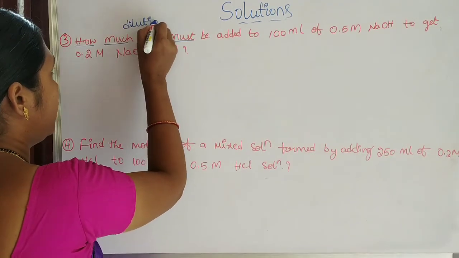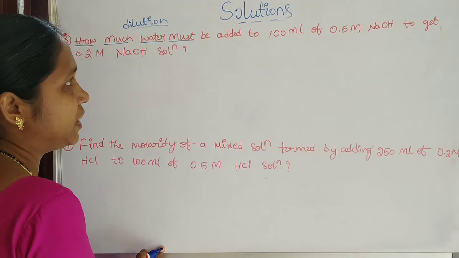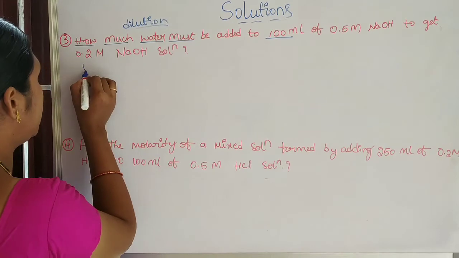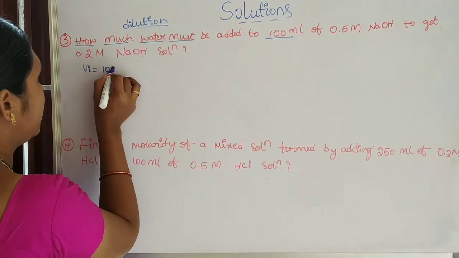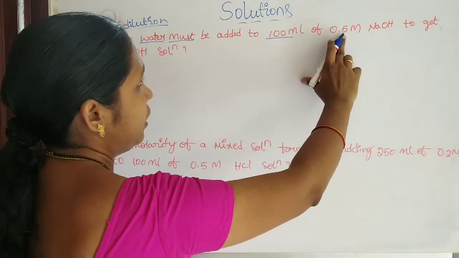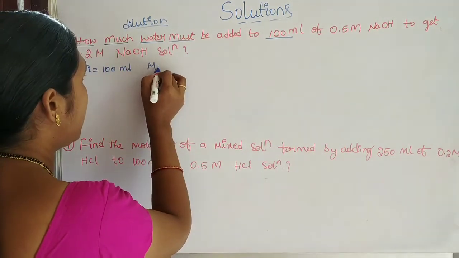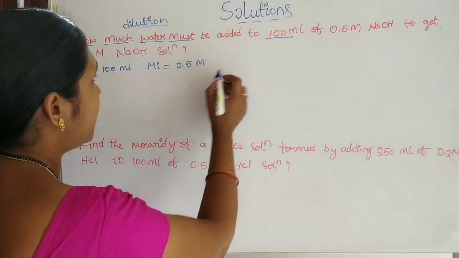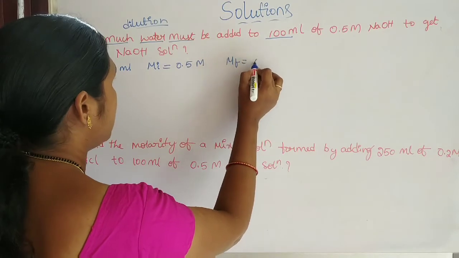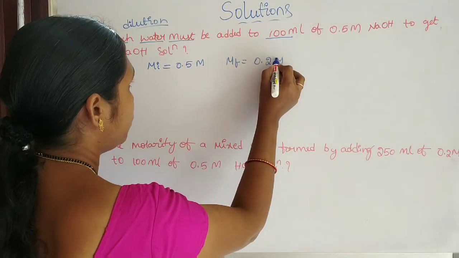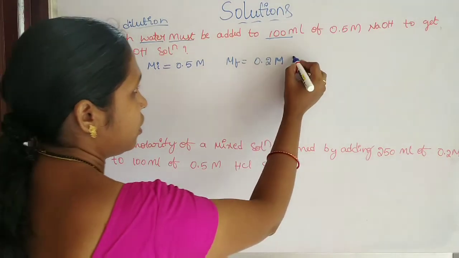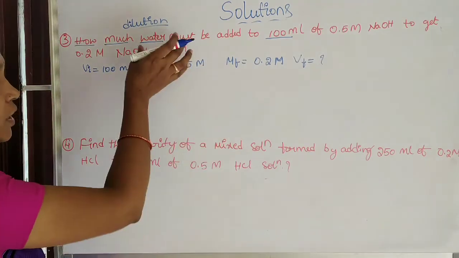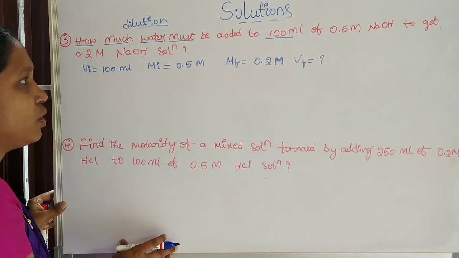You know the dilution formula for molarity, and here the initial volume of solution, V initial, is 100 ml, the initial molarity is 0.5 molar and the final molarity of solution is 0.2 molar. First, you will calculate the final volume. After that, calculate how much water must be added to the solution.